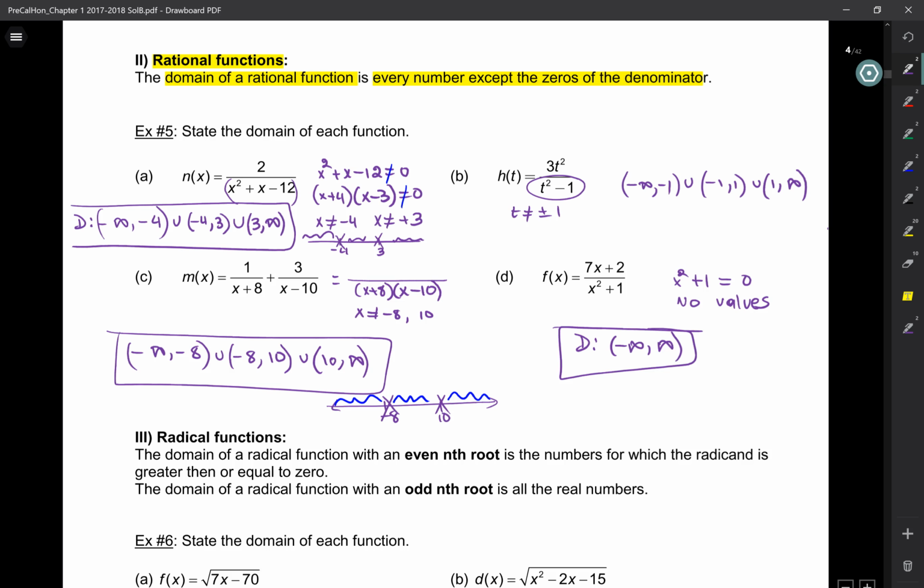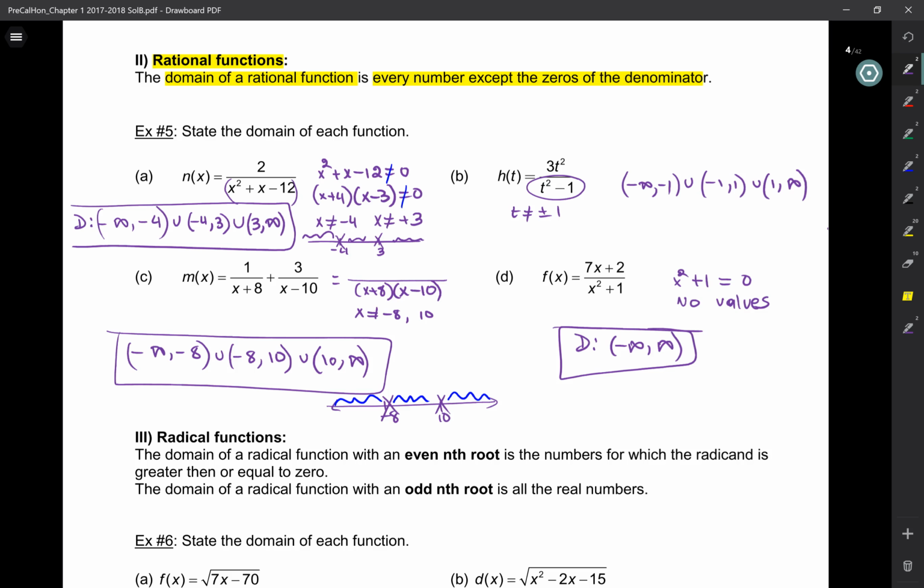Because for the denominator, there are no values for which it is 0. So anything works for this function. Any real number.